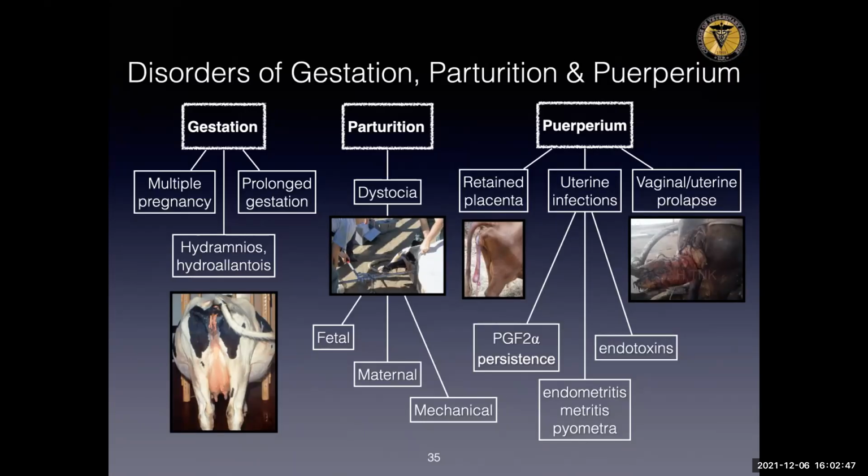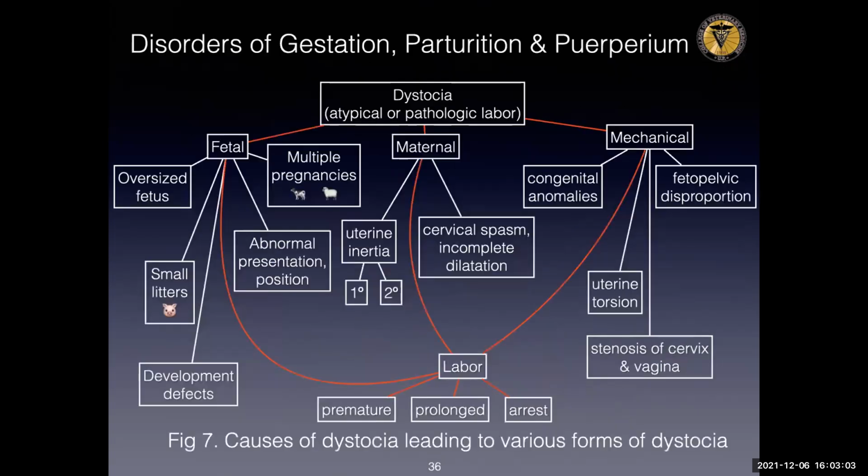Okay. And lastly, it could be that the animal may suffer from prolapse, be it vaginal or uterine. And commonly, the recommendation for this is to cull the animal because it recurs. Okay. It will be difficult to manage this type of animal.